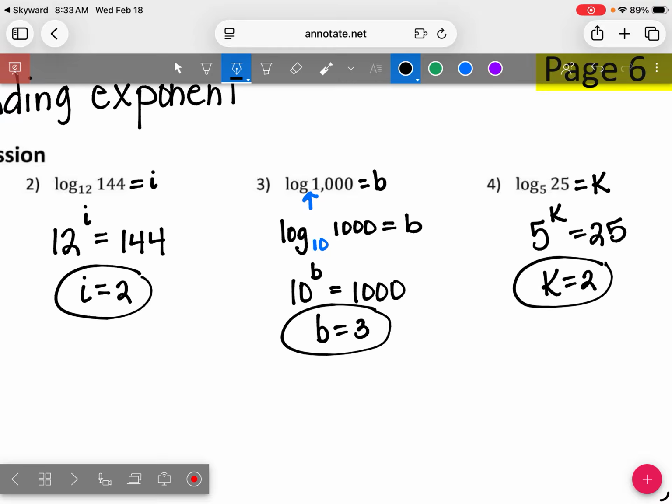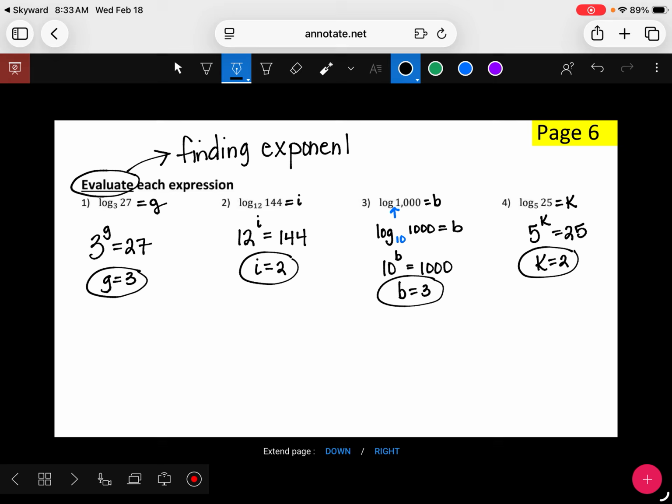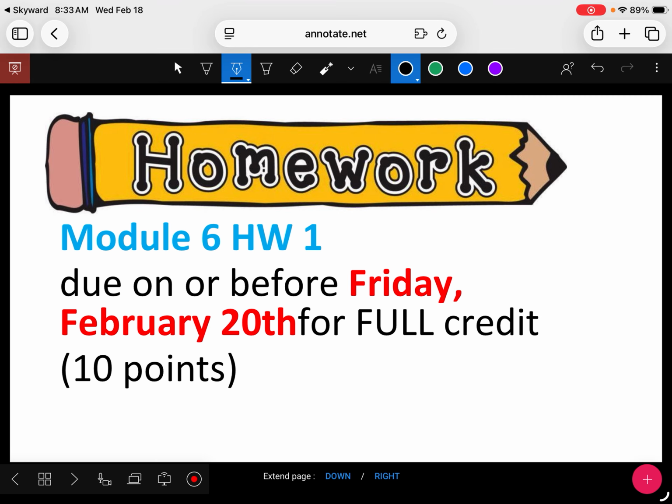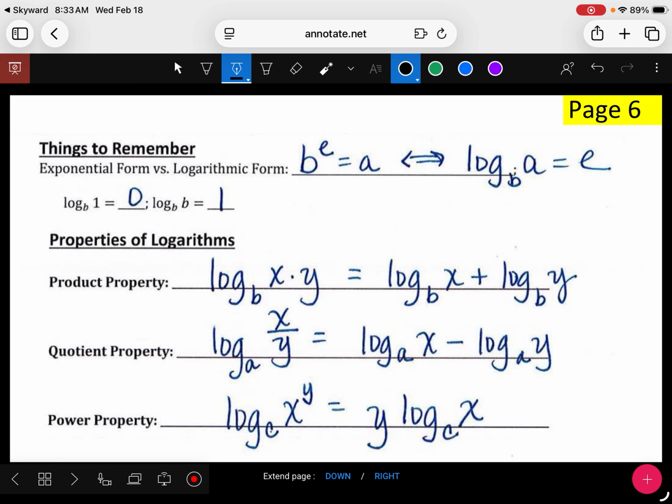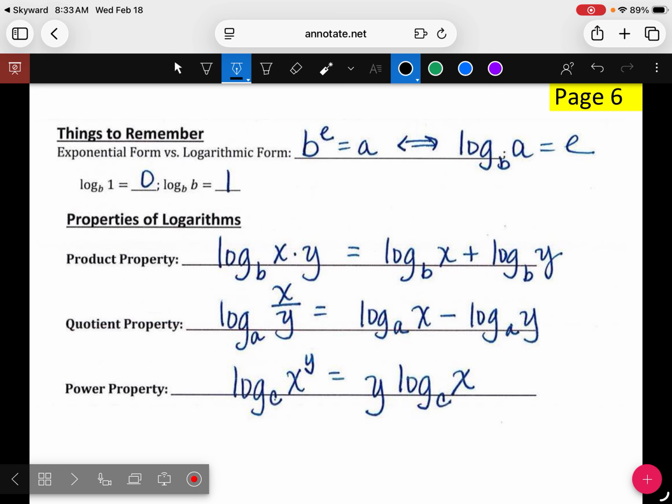All righty. So now we're going to move on to 6.2. Just a reminder, I don't know why I made this due Friday, because you should really be able to turn it in tomorrow, but we'll keep it Friday. But let's move on and start 6.2. So the first thing I want you to do is go ahead and copy this down. We'll see how far we get.